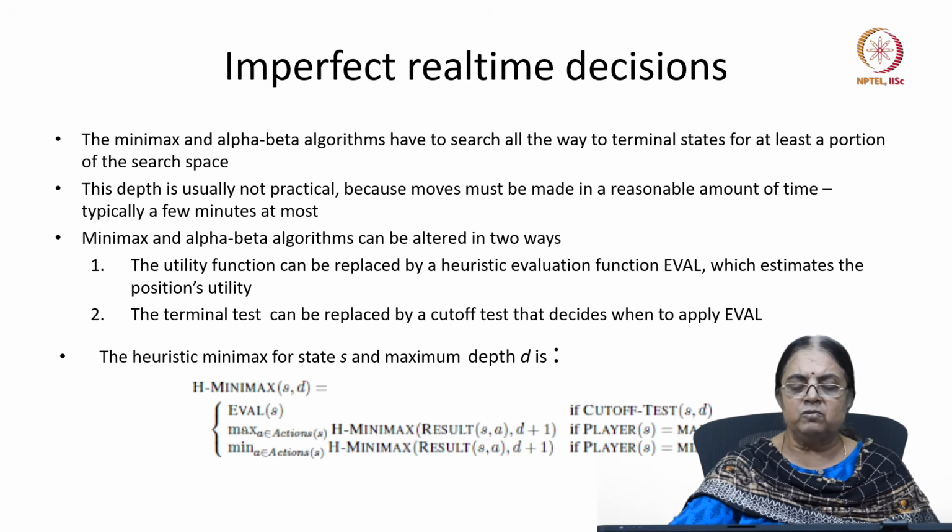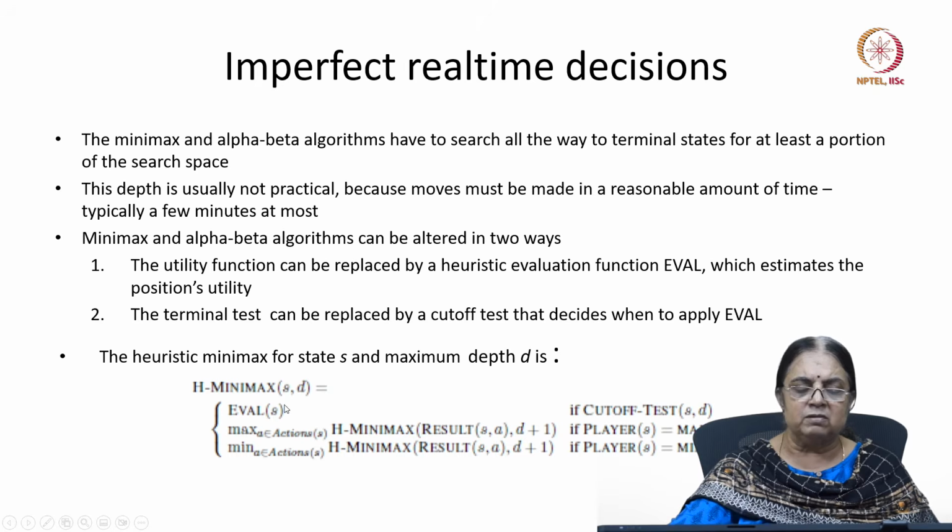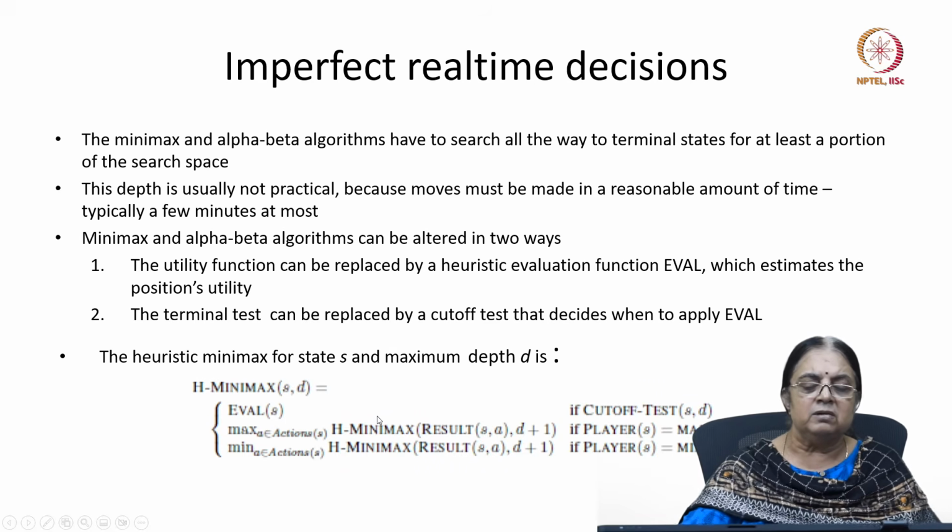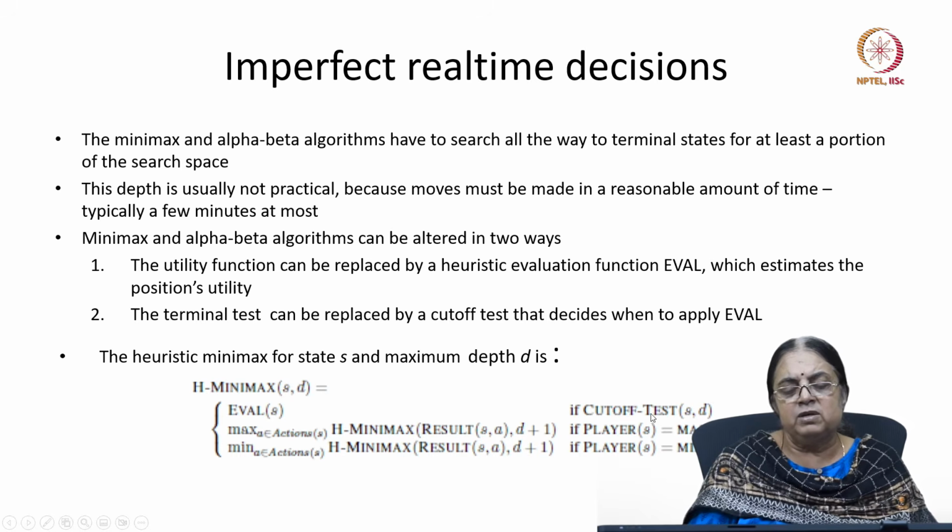When you go to that cutoff, you do the evaluation, and this is backed up by what is called H-minimax, which is just like the minimax that we used, except that you're using the evaluation instead of the utility. The terminal test can be replaced by a cutoff test.